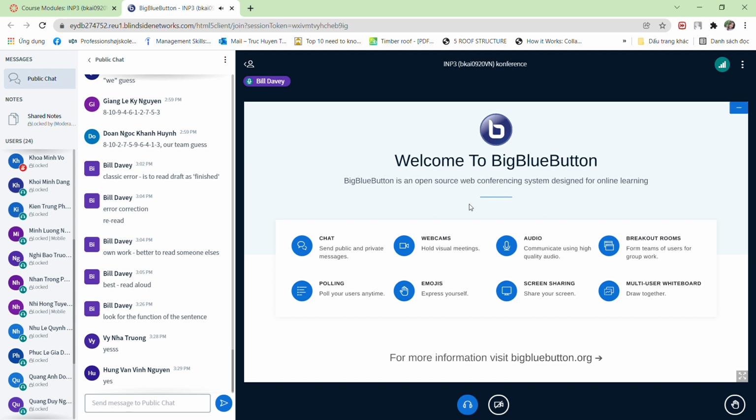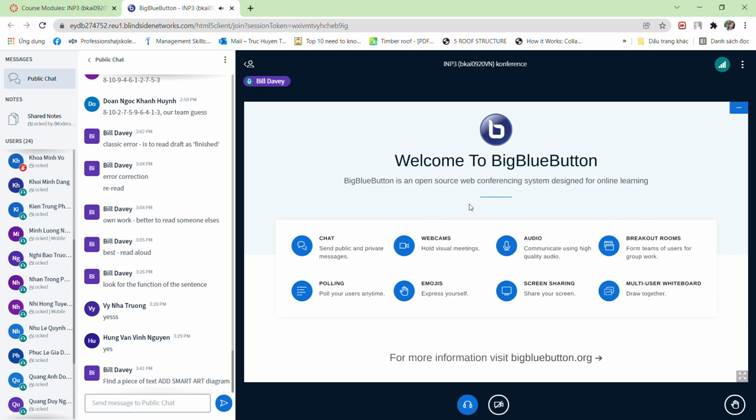Now, one of the things when you look through your group work now, and I'm going to ask for some screen sharing from you soon, but what I would like you to do for about the next 20 minutes is to find a piece of text that you have written in your group, so each group does this, and then add a smart art diagram to it.